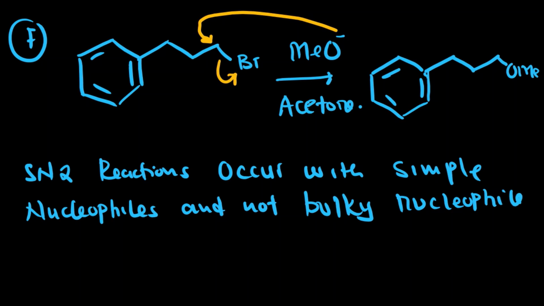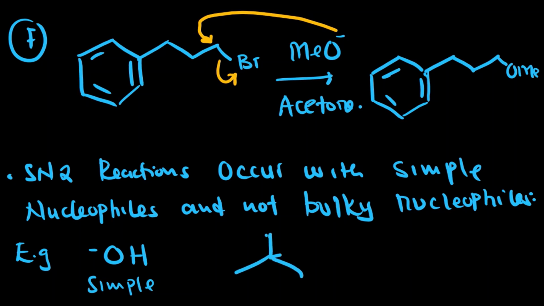And the nucleophiles should be strong nucleophiles. Okay. So they will occur with simple nucleophiles and not bulky nucleophiles. For example, this is a simple nucleophile here, hydroxide. But if you get tert-butoxide, this is tert-butoxide. This is a bulky nucleophile. Okay, this is bulky.